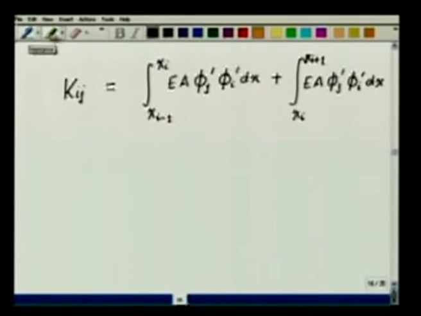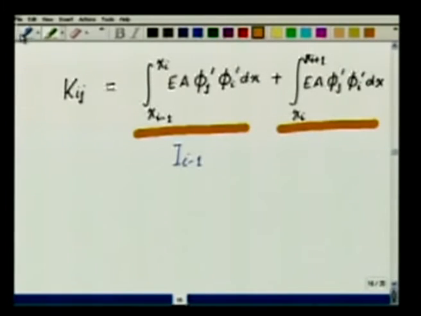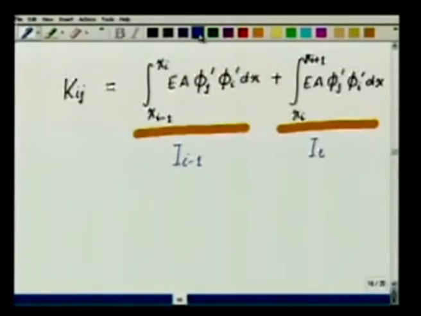If I highlight this, this is going to be the element contribution coming out of element I minus 1. The second part will be the contribution coming out of element I. So you see that these are the only two elements which are going to contribute to the entries of the ith row, that is, corresponding to the weight function phi I. This is one observation that we have made.